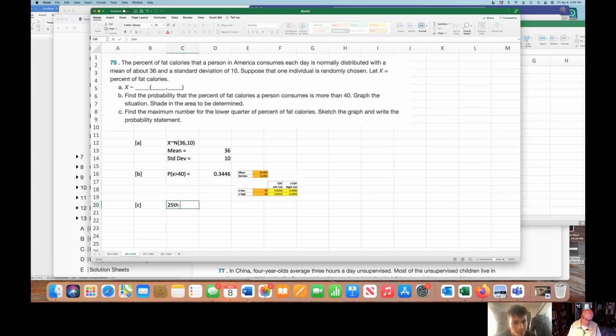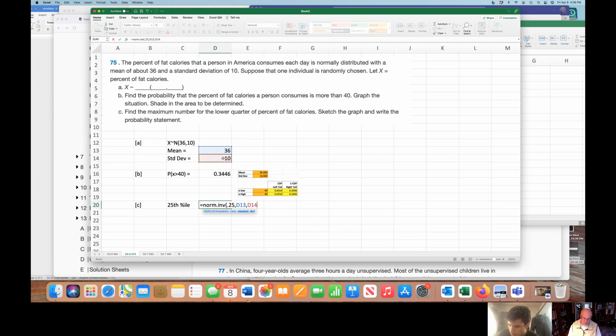Let me do it this way. Percentile. Well, how do we get that? I mean, there's two ways. I can do it this way. I can do norm dot inverse. So I'm not using the table. I'm not using the calculator this time. But the probability is going to be 0.25. The mean is 36.